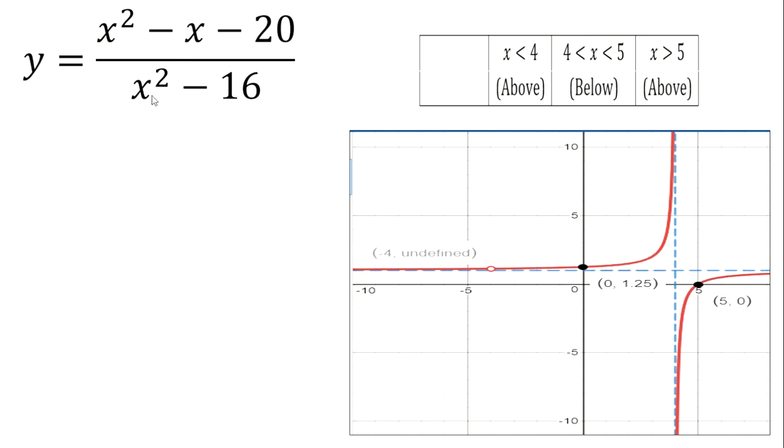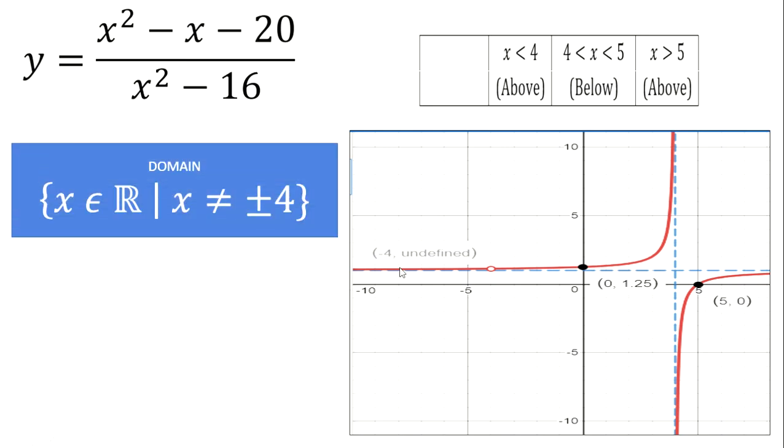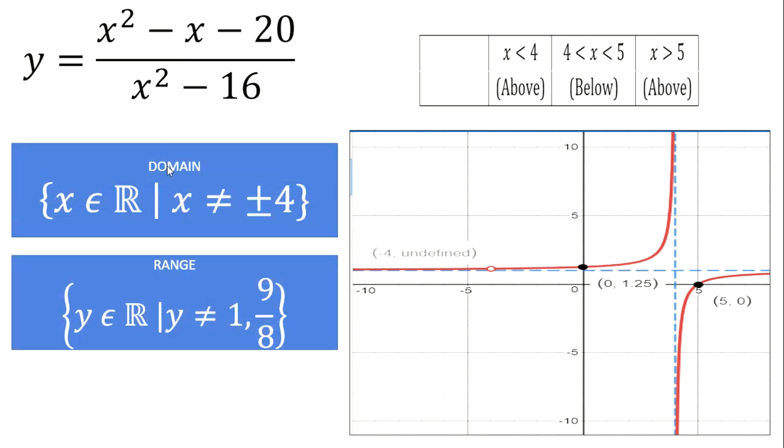Okay, so now, what about the domain and range? Always remember, we are not including the asymptotes, and at the same time, in this function, let's not include also the hole. So in this case, the domain is all real numbers except positive and negative 4.